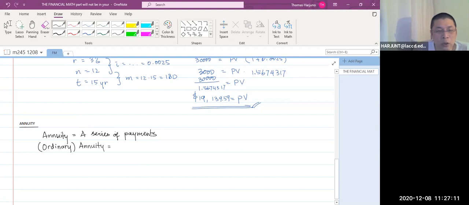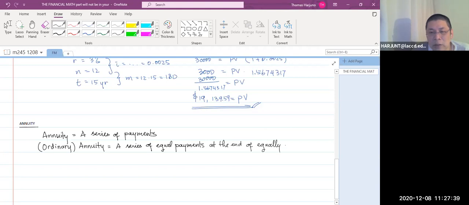Now, what is ordinary annuity? Ordinary annuity is a series of equal payments at the end of equally spaced periods.